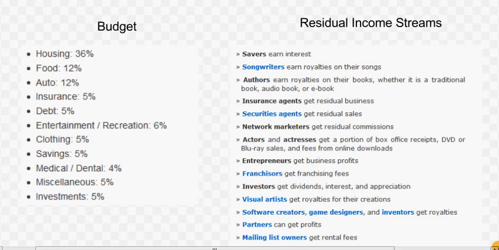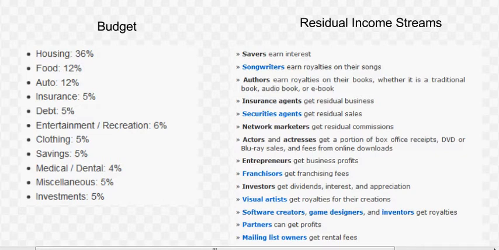Hey guys, today I'm going to be showing you how to become financially free by setting up residual income streams. I was taught this technique several years ago by a multimillionaire friend of mine and a mentor, and he basically showed me how he was living mortgage free, car payment free, and he was having his tenants pay for all types of things because he set up these residual income streams.